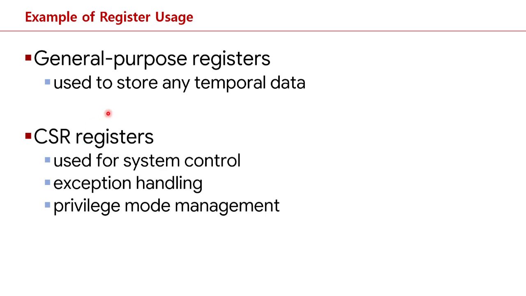The main difference between the two is that the general purpose register can store any temporary data. Instead, the CSR only contains the predefined data. A detailed analysis of each register will go ahead in the next lecture. So at this time, I want to highlight the features of the register.